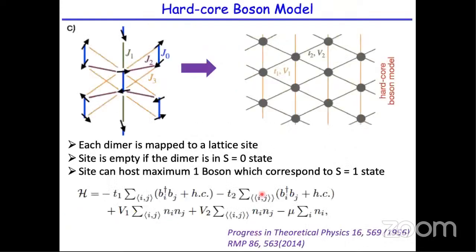What we did here, starting from the spin model, we had these parameters. We know J0, we know J1. The spin model was mapped to a sort of hardcore boson model. And the primary philosophy of this model is that each dimer is mapped to a lattice site. That means this is one of the lattice sites. Now, this lattice site is empty.